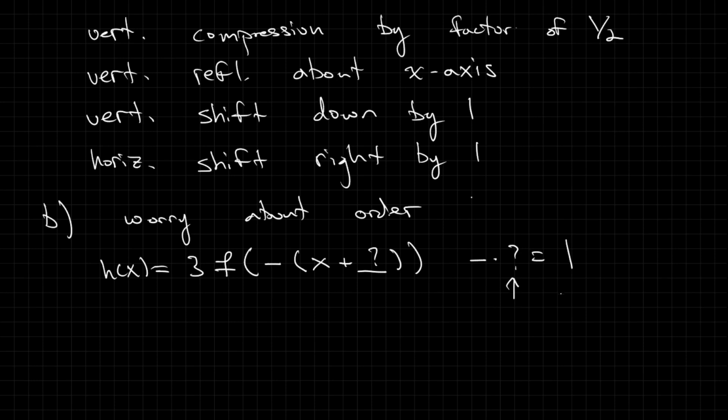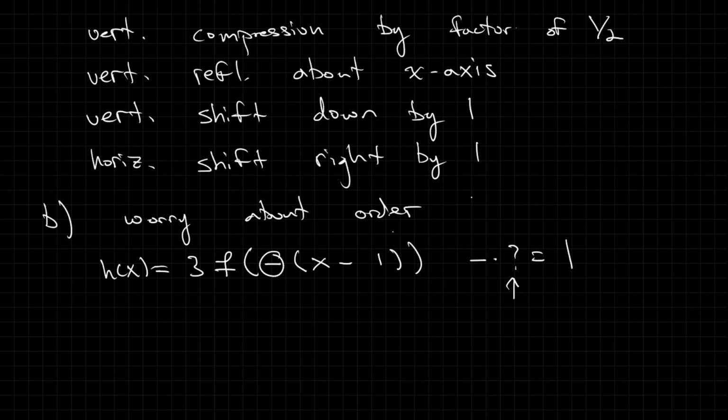Well, that question mark would have to be -1. So I'll go ahead and put -1 here. And I think I'll go ahead and call this, instead of plus -1, -1. Okay, so now my reflection is multiplying both x and the shift.